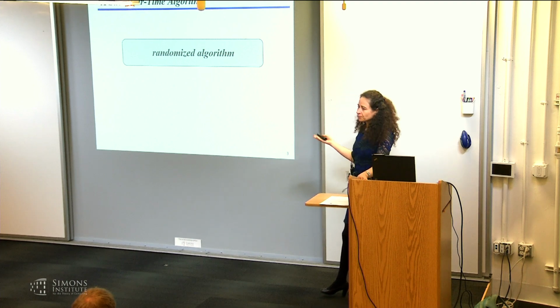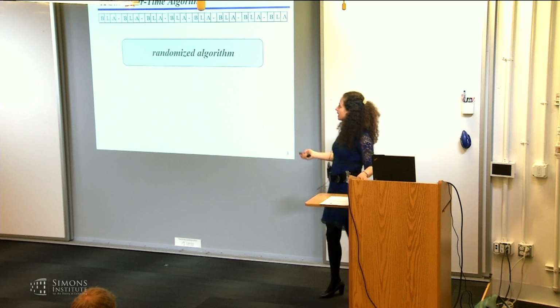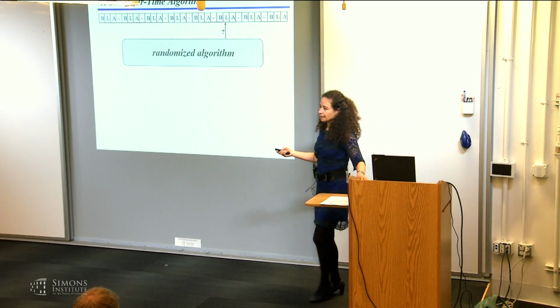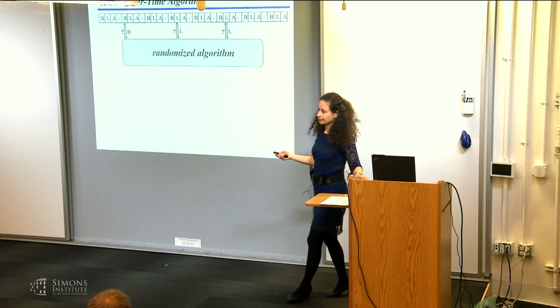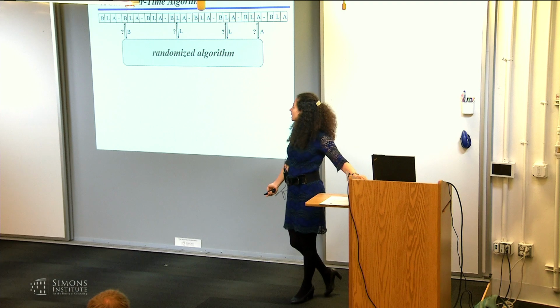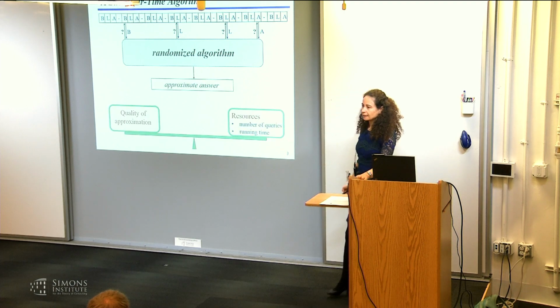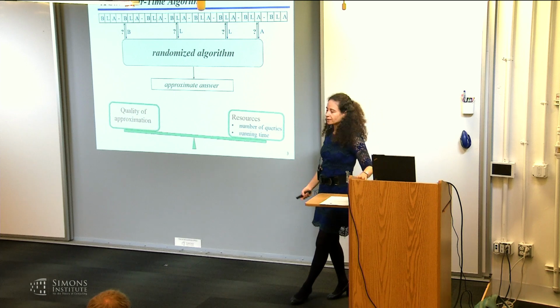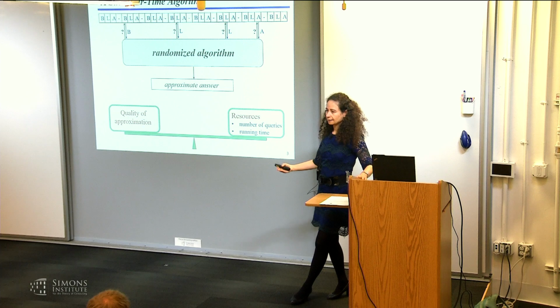It's a randomized algorithm that gets a very, very long input. It's allowed to probe some locations in the input, so query and get back what's written in this location. Then it runs for a very short time and outputs an approximate answer. And our goal is to study the quality of approximation versus the resources that the algorithm uses, for example, the number of queries or the running time.